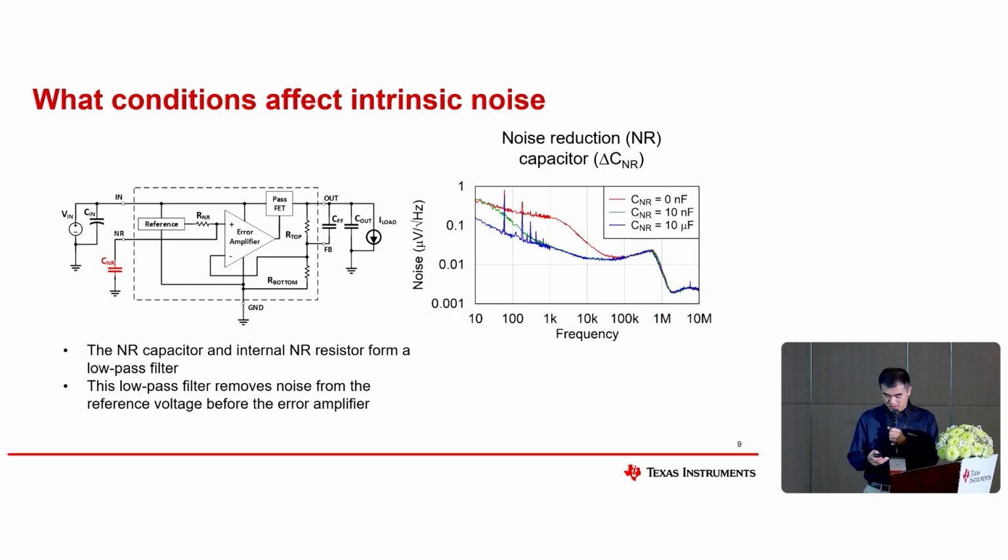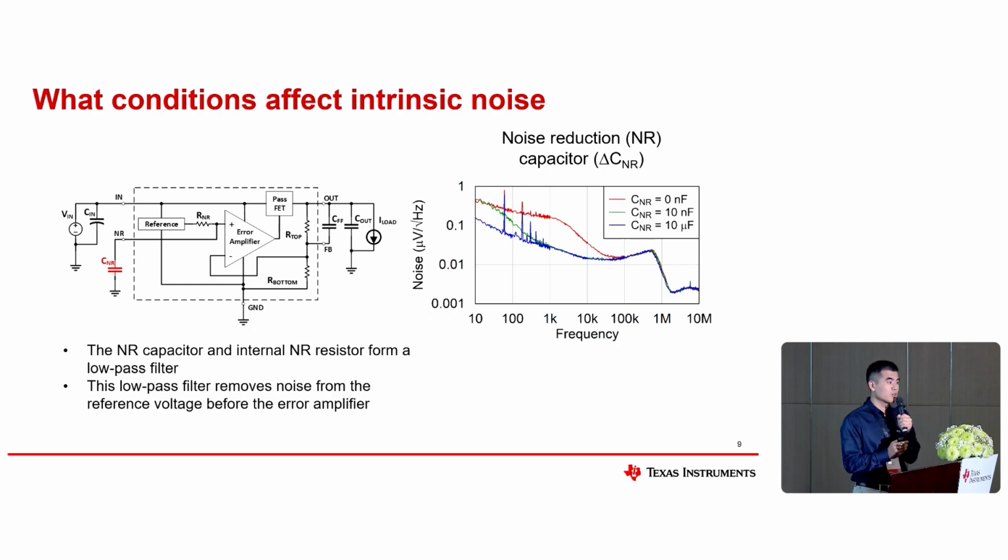Another thing is if you choose an LDO with an NR pin, the noise reduction pin. That means we can add a capacitor on the NR pin. Internally there is also a resistor between the reference voltage and the error amplifier, so there is an RC filter.